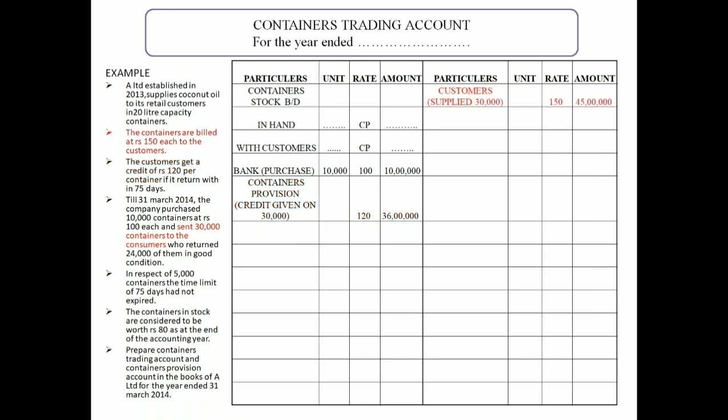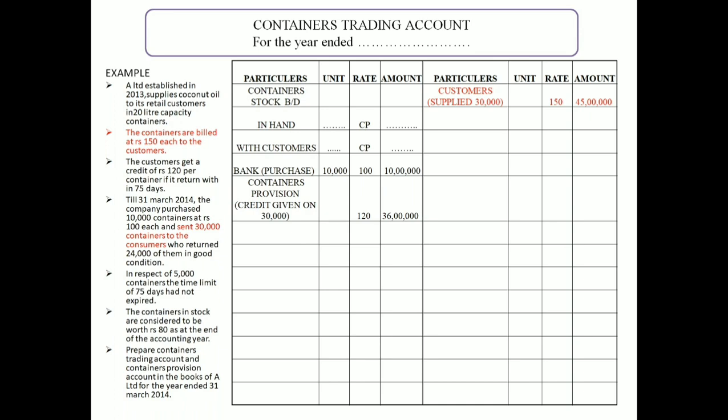Then after that you are going to assess the credit side value, that is supplied to customers, on the basis of the charge out price. Charge out price is 150, this is the charge out rate for the customers.